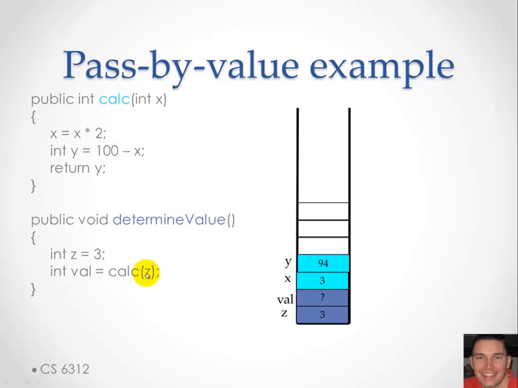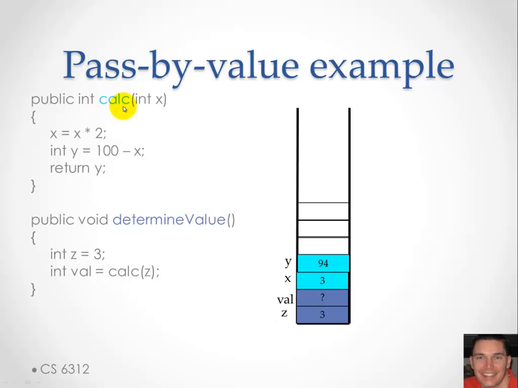When I call calc, it goes out to the top of the stack and creates memory slots for each one of my local variables. So it creates one for my integer x, and it creates one for my integer y. Now, when Z is passed in here, it copies the value 3 into X's slot.